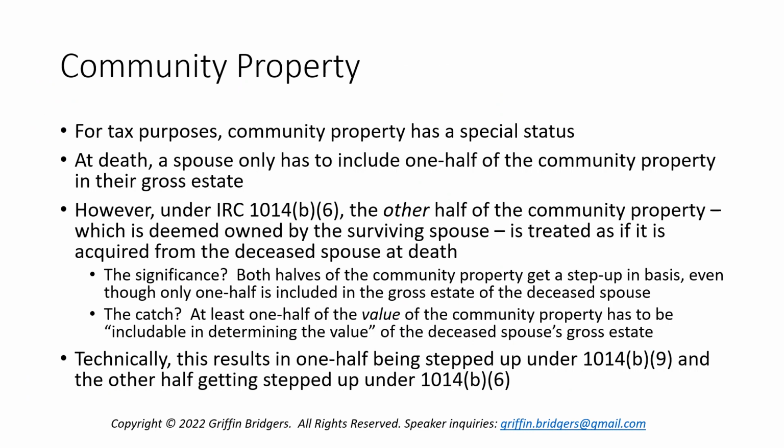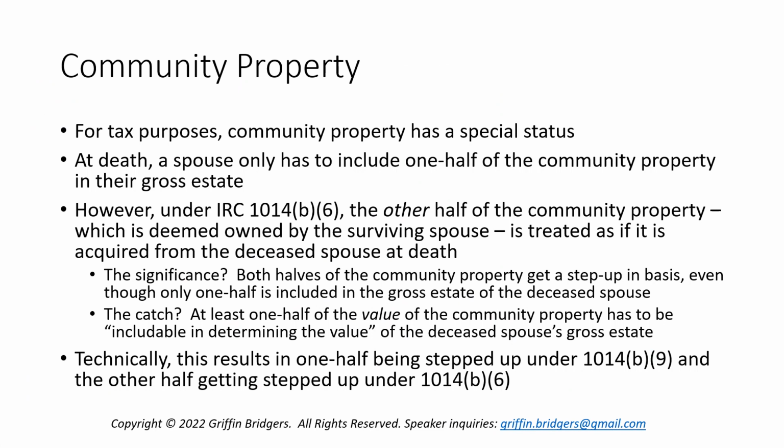And for tax purposes, this special status, this deemed one half ownership by each, creates some unique benefits, especially if a spouse dies. Because if a spouse dies, they typically only have to include their deemed one half ownership of the community property in their gross estate.